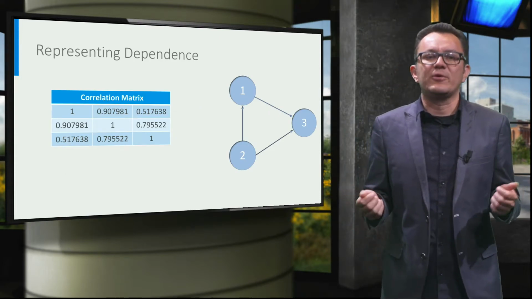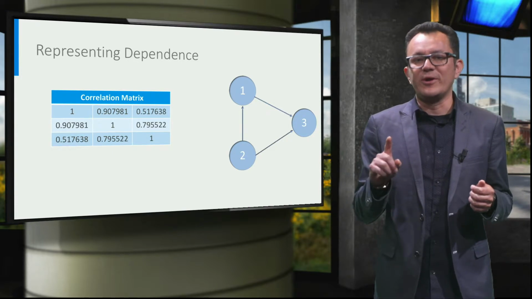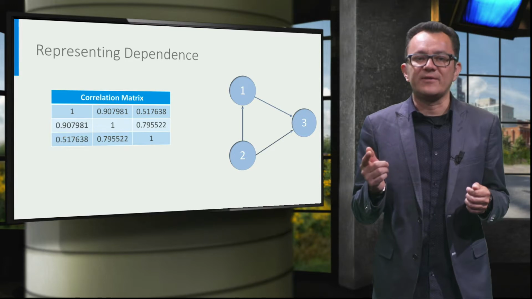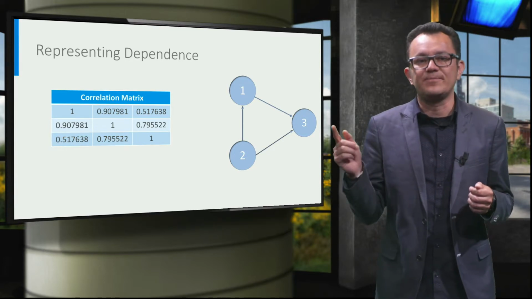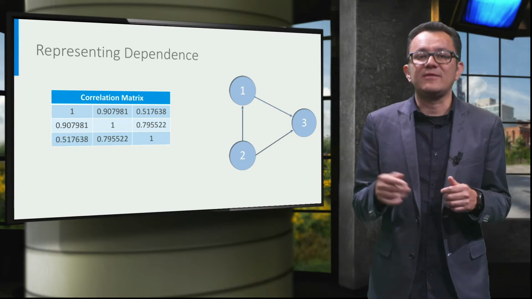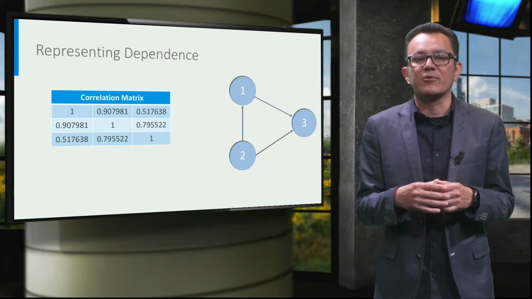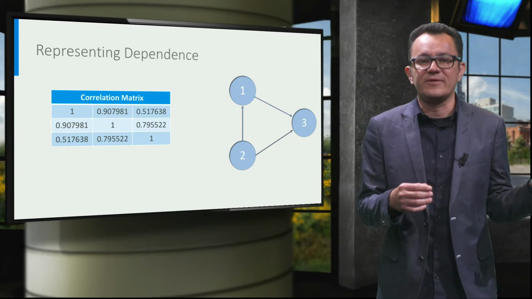Suppose we have a model for statistical dependence between 3 random variables. Such a model could be graphically represented as a figure on the right. The quantitative information regarding dependence could be summarized with the correlation matrix on the left.